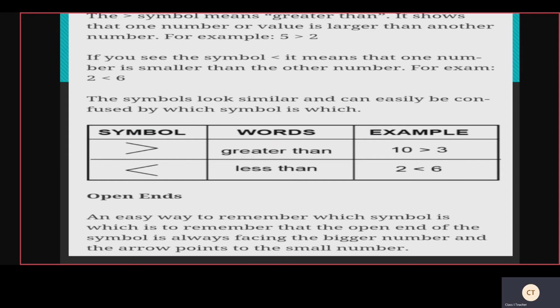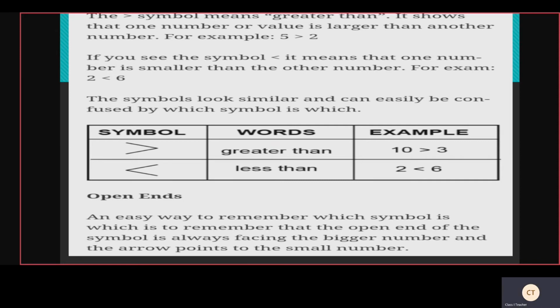First one is the greater than symbol, for example, 10 is greater than 3. And next one, look at this symbol, children. This is the less than symbol, and 2 is less than 6.